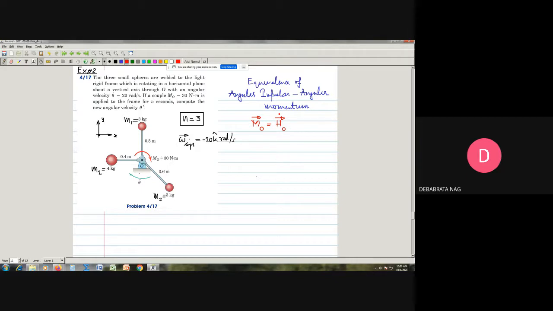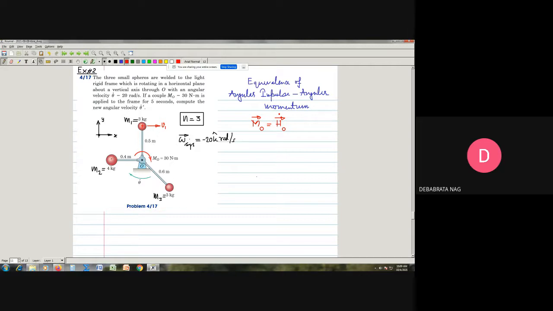So we note that because of the presence of this angular velocity, the masses will have velocities, because all are connected by these rigid links. The corresponding velocity because of this rotation will be v1, and this velocity v1 vector will be something like this.